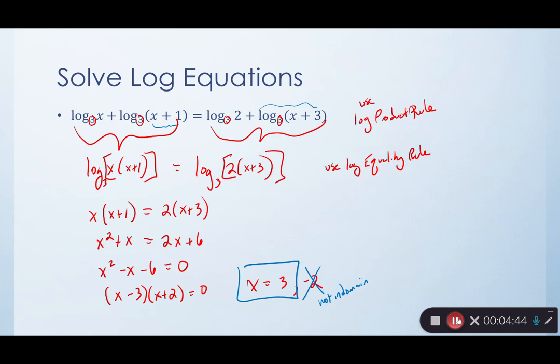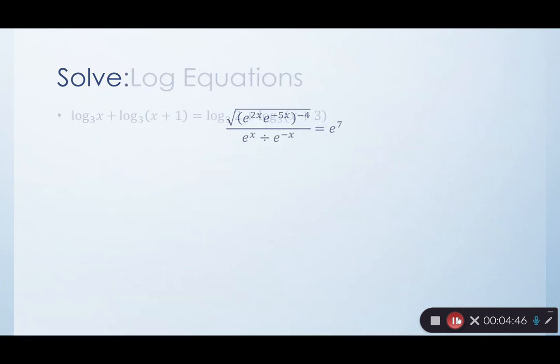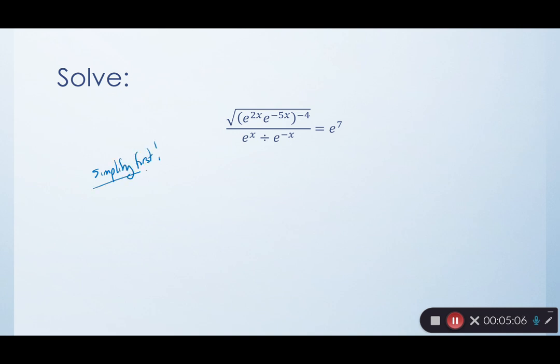All right, and our last problem here is looking a little intimidating, but kind of like the last one that we had in 6.5, our first thing to do is to simplify, okay? So we're going to simplify first. We're going to deal with these in pieces.